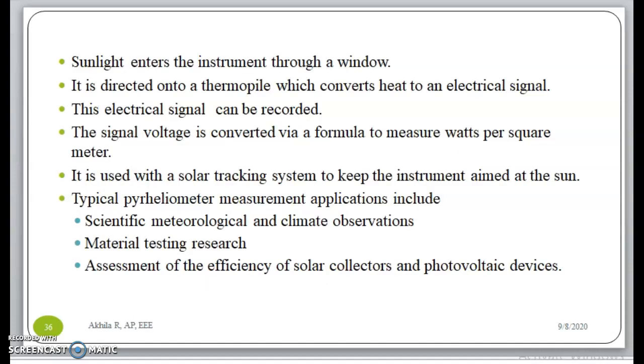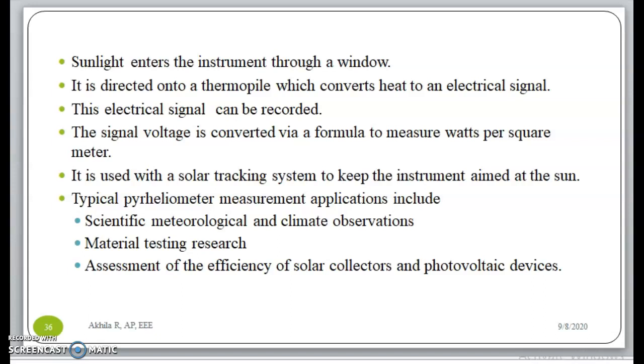Now let's see its working. Sunlight enters the instrument through a window. It is directed onto a thermopile which converts the heat into an electrical signal, and this electrical signal can be recorded. The signal voltage is converted via a formula to watts per square meter, which is the radiation.